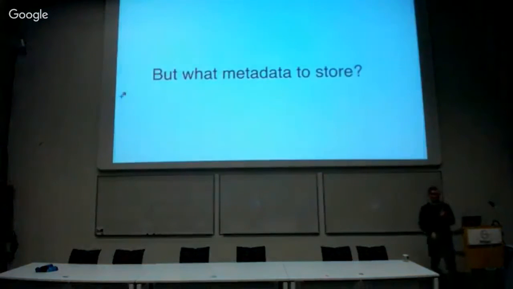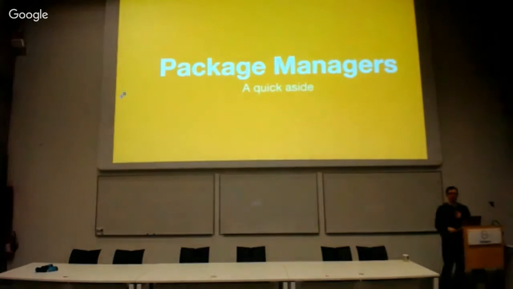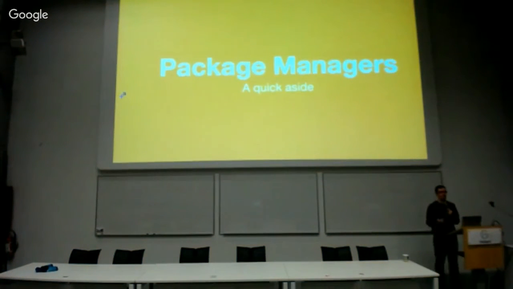But I mentioned that there's not a massive agreement on what to put in there. The thing is that we've got somewhere to put things. What do we put in there? You can put anything, and so there's a sort of paralysis situation. And one of the places I want to look at for ideas on why we would put things in there is packages and package managers.